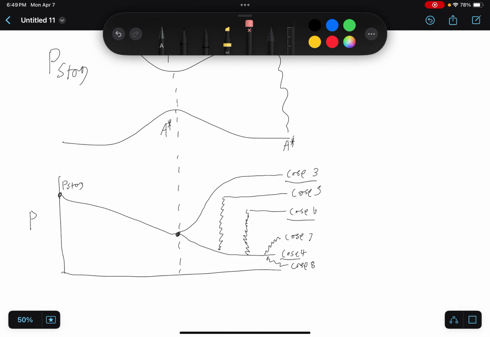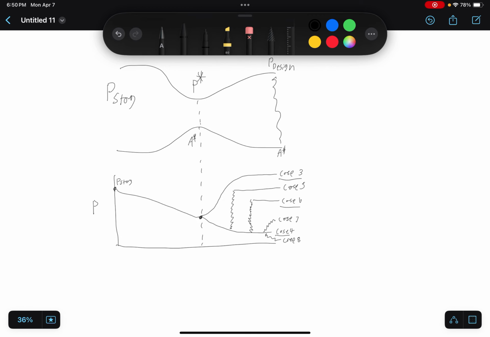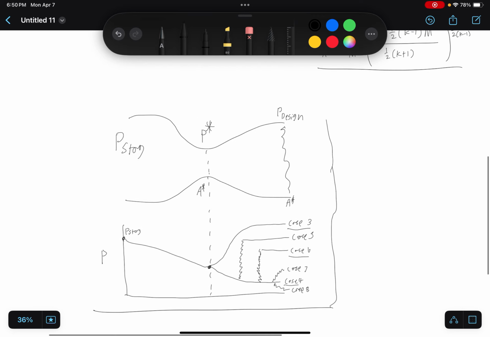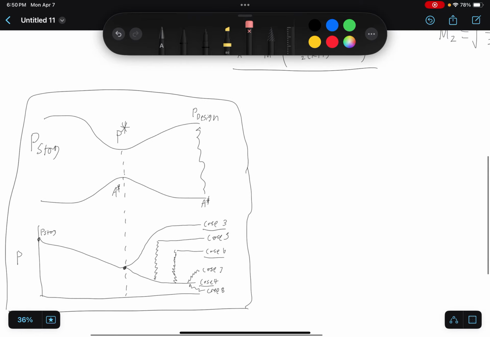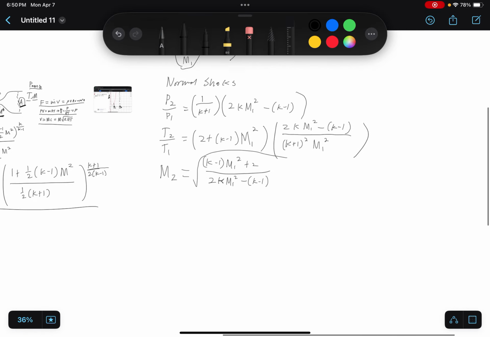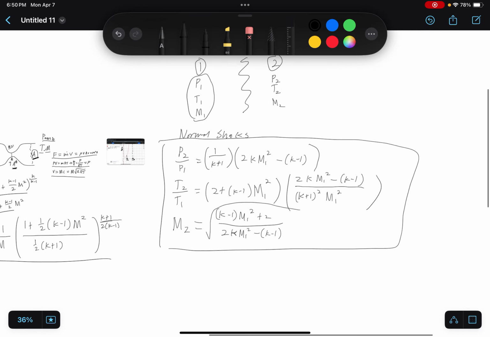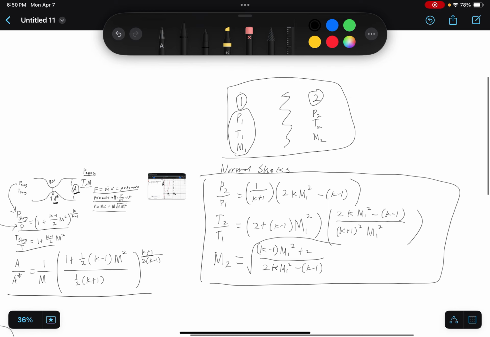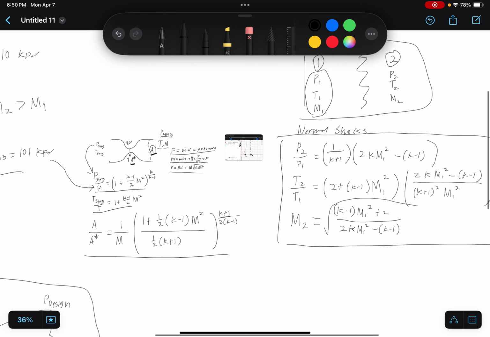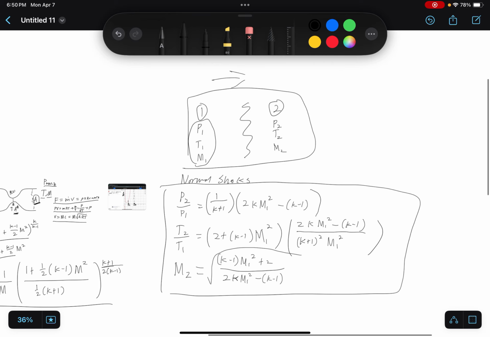But that's about it. So the main things I would write down are this whole picture. This is not A star. And I would write down these equations. And if you want to write down this picture, go ahead. Again, fluid flows from left to right.